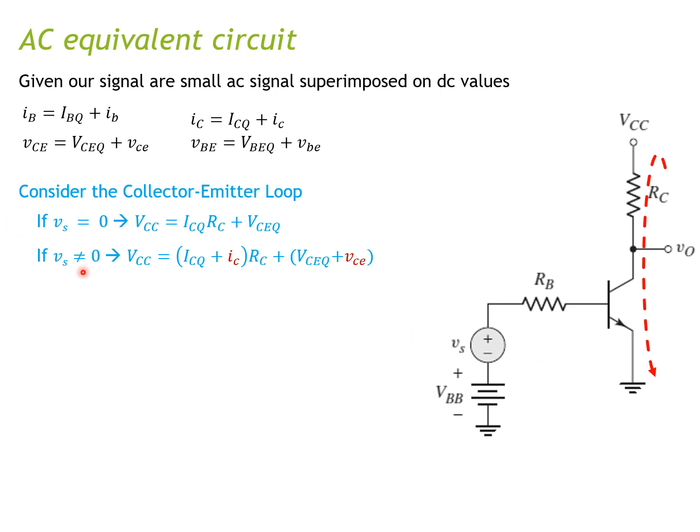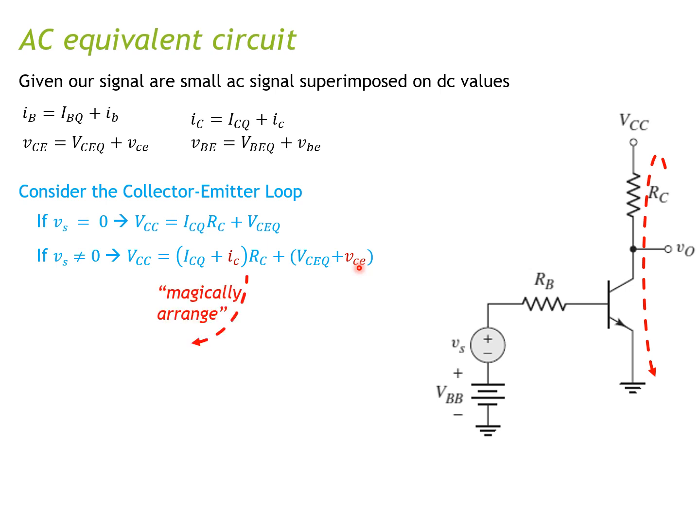But then when you turn on Vs, it is different from 0. Now you add in the AC component of the collector current and the collector-emitter voltage. So you add in a small ic and a small vc.